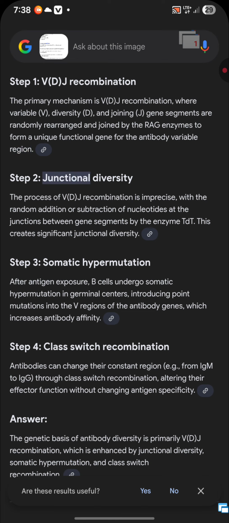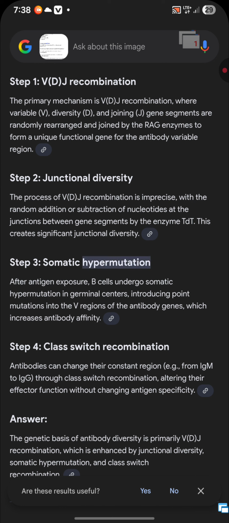Step 2. Junctional diversity. The process of V-D-J recombination is imprecise, with the random addition or subtraction of nucleotides at the junctions between gene segments by the enzyme TdT. This creates significant junctional diversity.